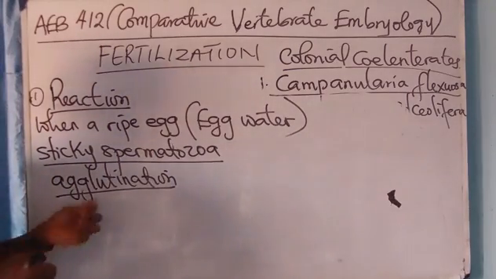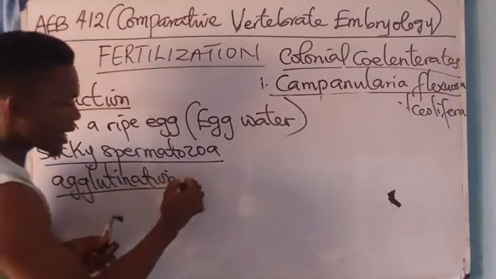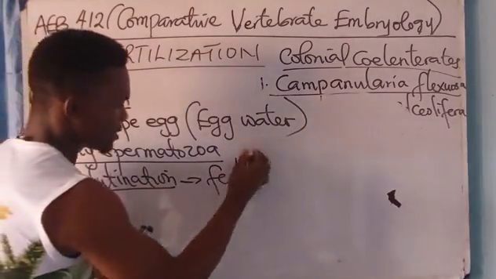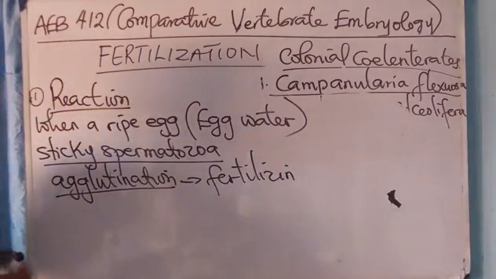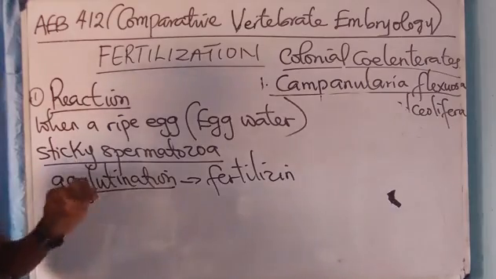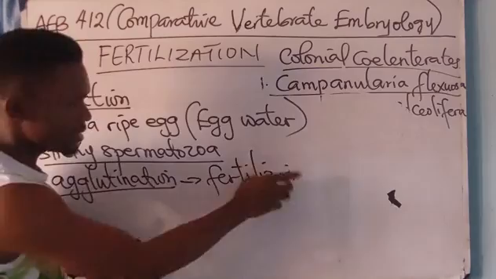Agglutination. Now, agglutination is made possible in the presence of a chemical called fertilizin. I recap. Agglutination is made possible in the presence of a chemical called what? Fertilizin.